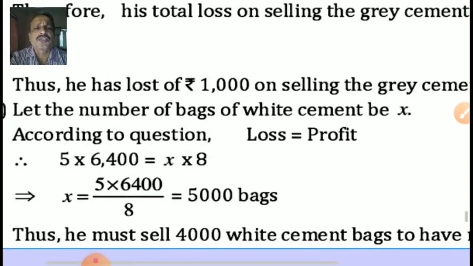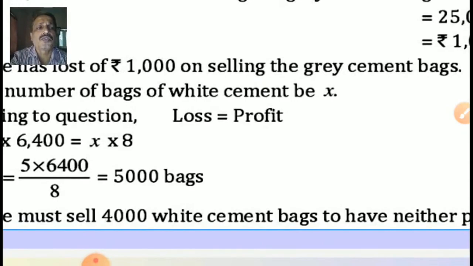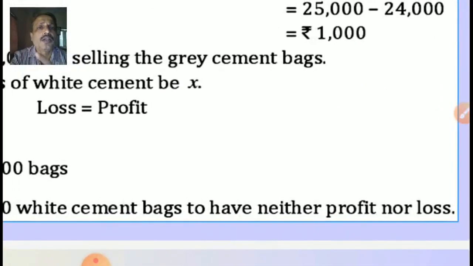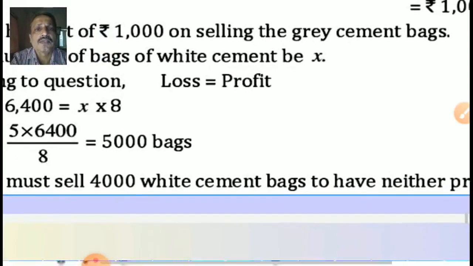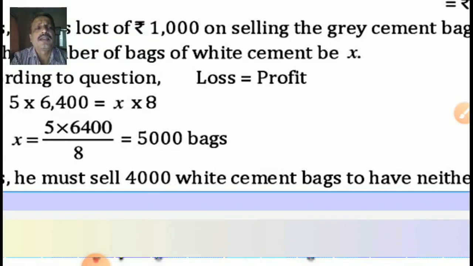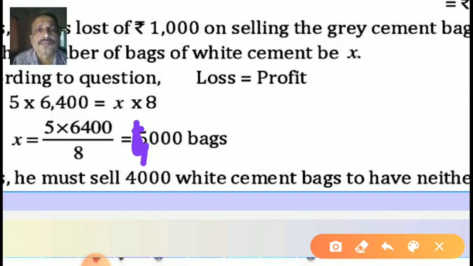That means it must sell 4,000 white cement bags to have neither profit nor loss on selling 6,400 grey cement bags. 8 5s are not 5,000, it is 4,000, students. 4,000 white cement bags and 6,400 grey cement bags, both profit and loss become equal.